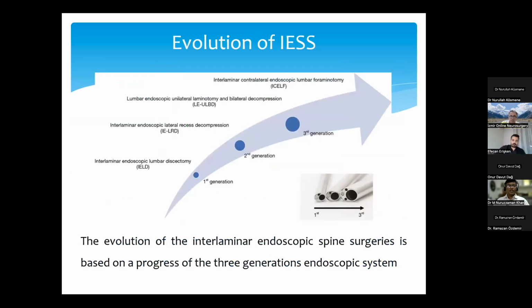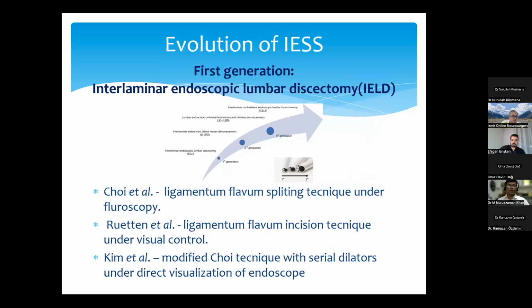Evolution of interlaminar endoscopic discectomy. The evolution of interlaminar endoscopic spine surgery is based on the operation of the generation endoscopic system. In first generation, the technique with sequential dilators under fluoroscopic guidance.